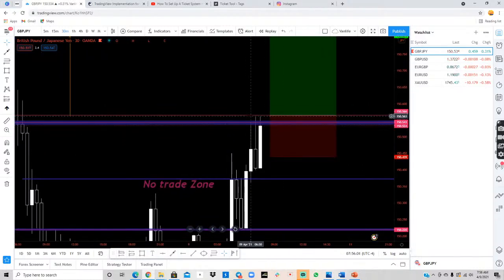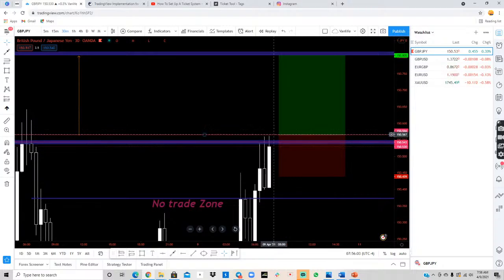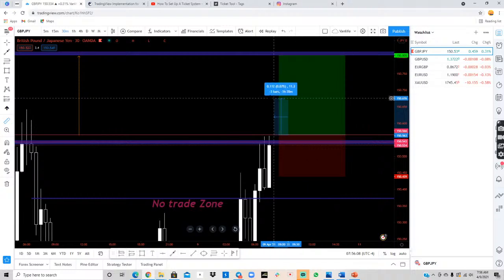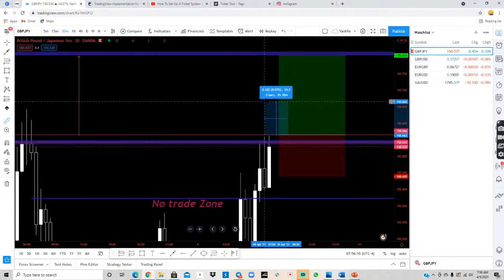That we should at least get, but at 10 pips, secure some position or move stop to entry.